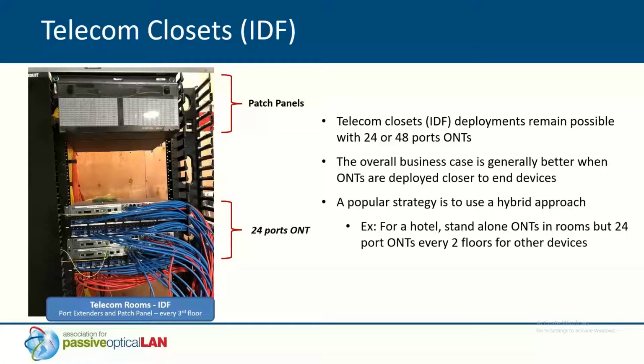Telecom closet here, this really is just showing, again, a hybrid approach. On the bottom there, you've got a few ONTs, not OLTs, but ONTs that are providing a whole lot of Ethernet port connectivity in that room. So again, sky's the limit, right? These 24 port ONTs, they can be sitting right next to the OLT chassis. They can be pushed out as far to the edge as you want.